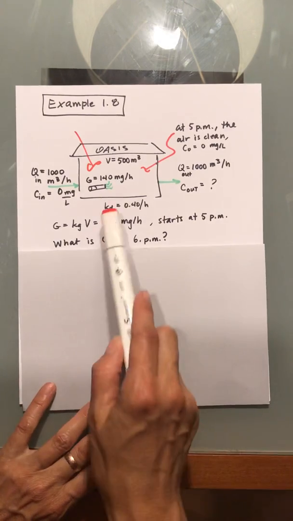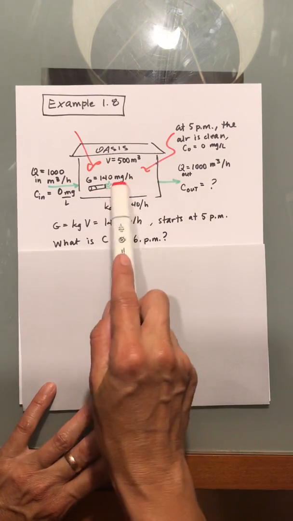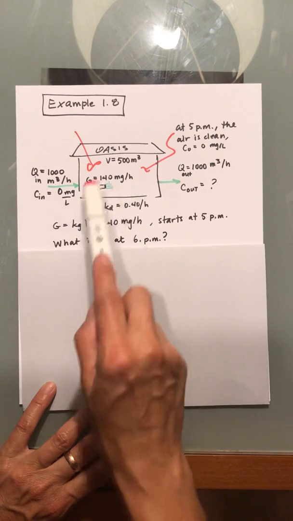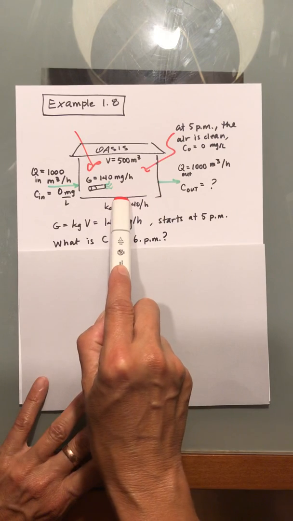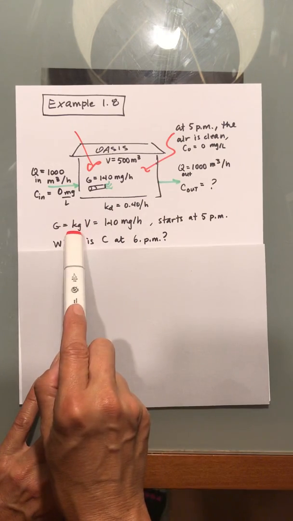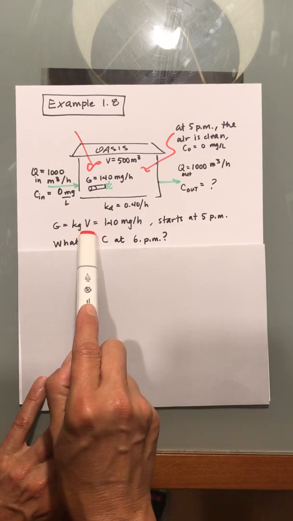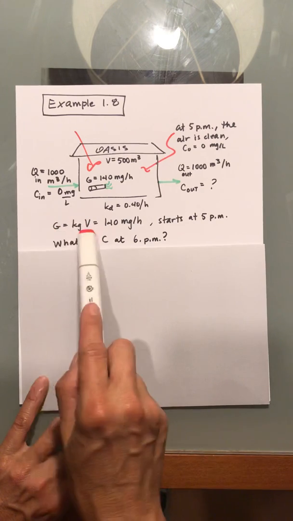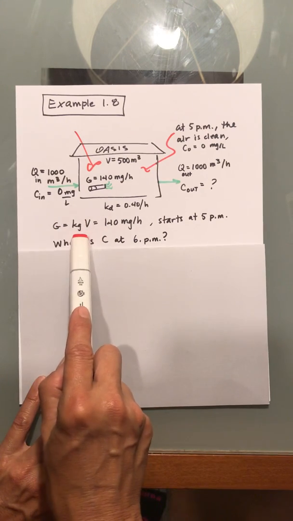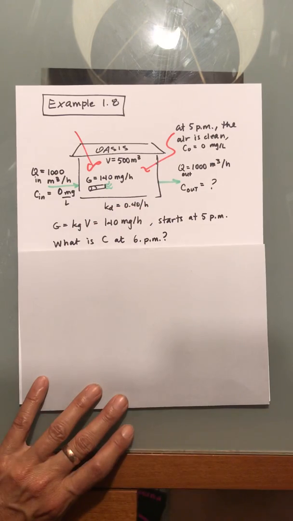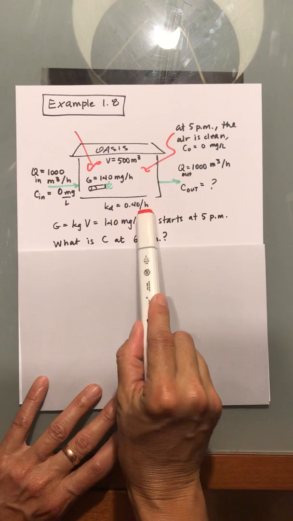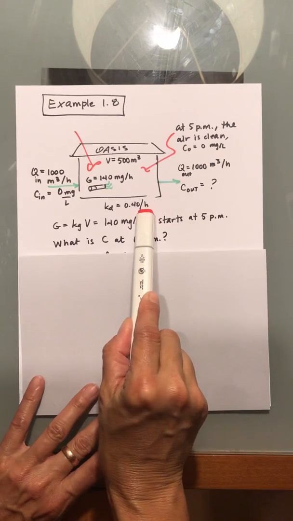Since this is a mass per time, this is that reaction rate term in our mass balance, which is kgV for generation. So remember, generation is zero order. It's not a function of concentration, whereas decay is going to be first order because it's in units of per time. So those are some things to pay attention to.